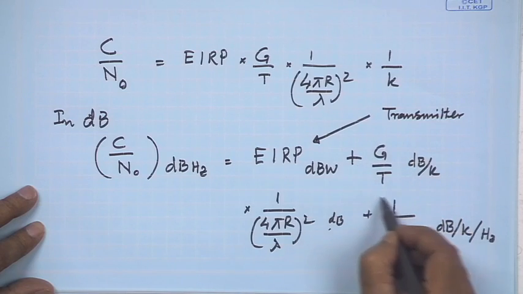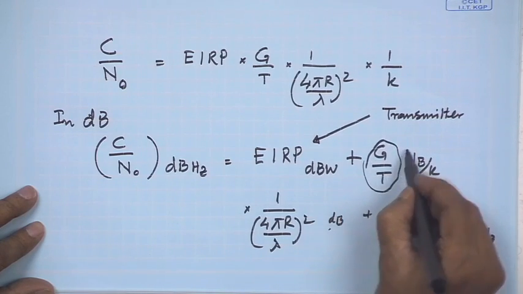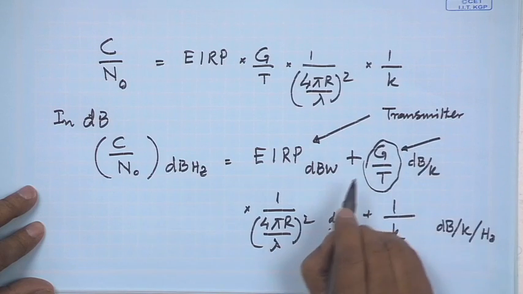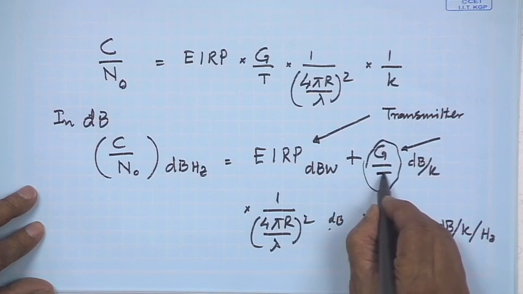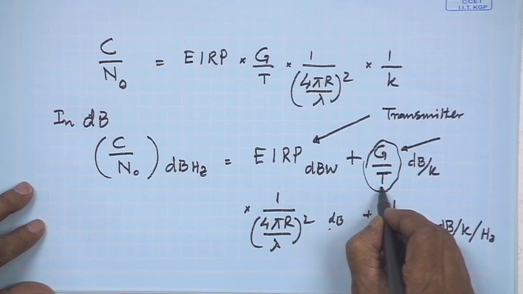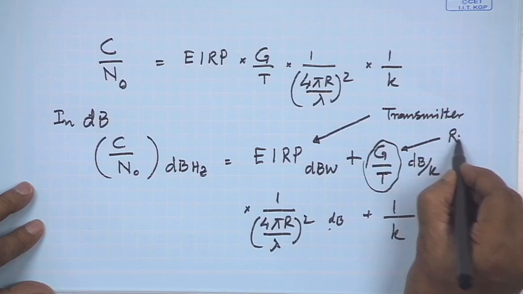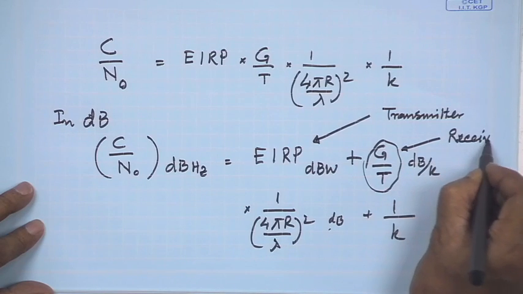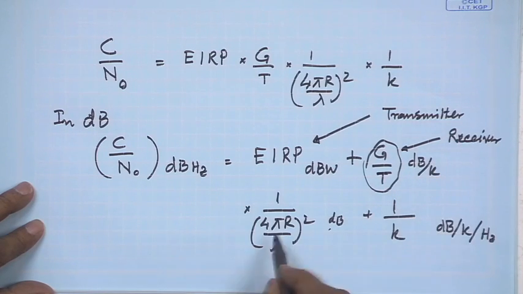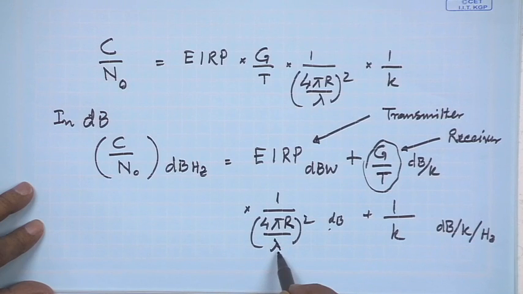Now there is a term G by T which is coming, where, if you remember, G is the receive antenna gain, and T is actually the system noise temperature of the receiver. So this G by T characterizes the receiver. And there is a term based on the path distance and the lambda, that is based on the frequency of transmission.